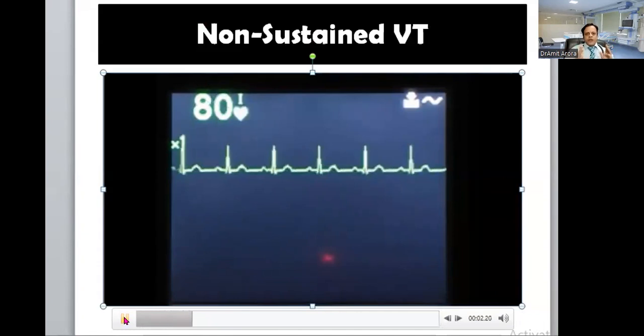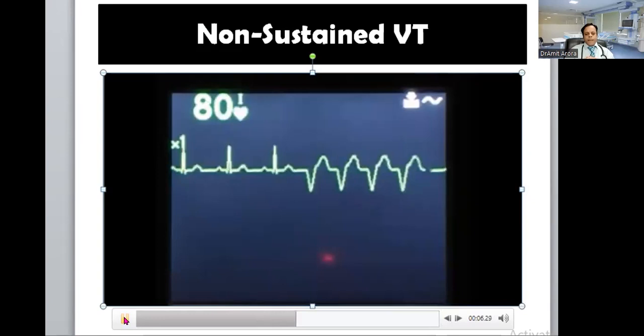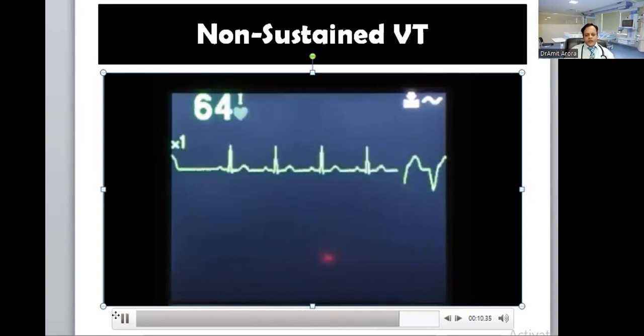So it was a non-sustained VT. Have a look again. This is non-sustained VT, but it is an alarming sign that after some time this patient can go into cardiac arrest or sustained VT. The criterion is lasting less than 30 seconds.